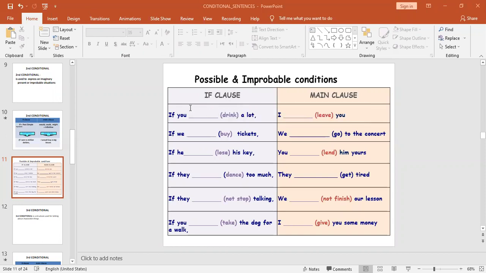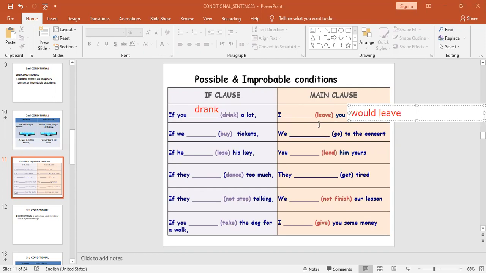So if you drank a lot, I would leave you. I would leave, verb infinitive.